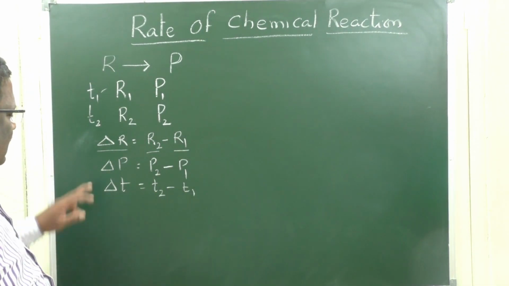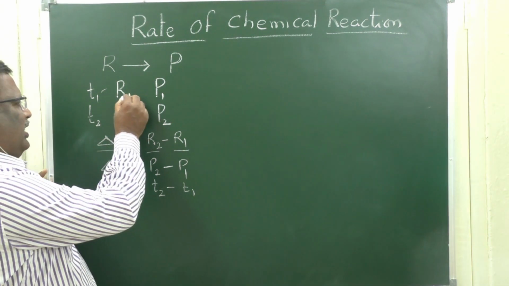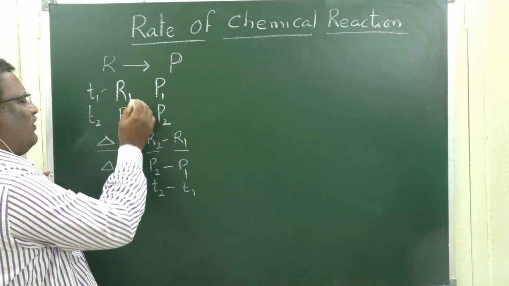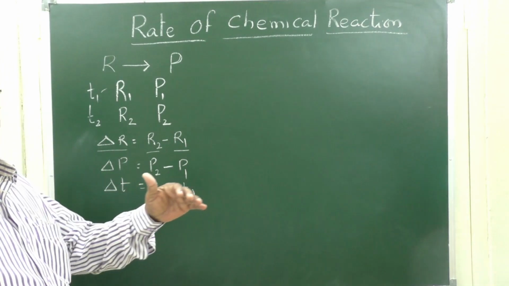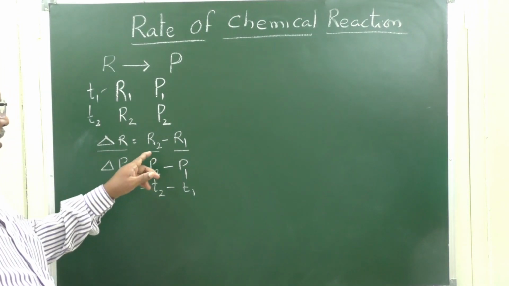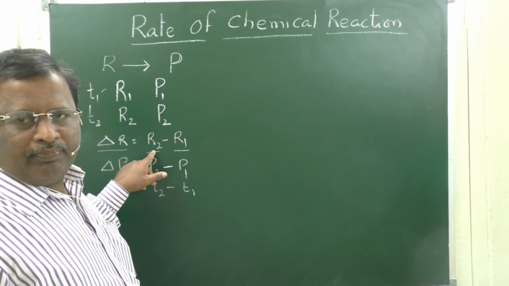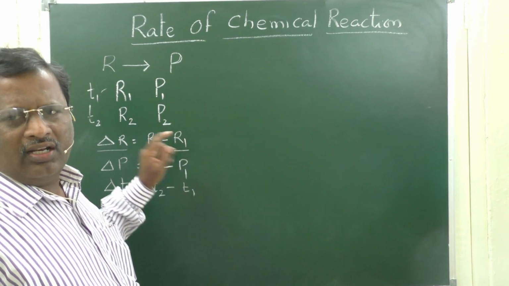Now here, in the case of reactants, in any chemical reaction, the concentration of reactant decreases as the reaction proceeds, because of that the final concentration of a reactant is always less than the initial concentration.